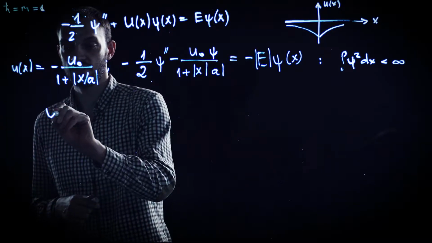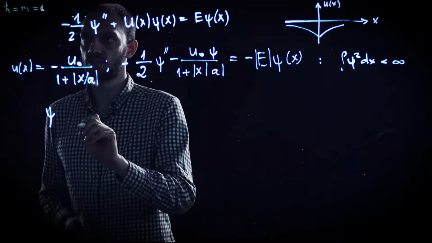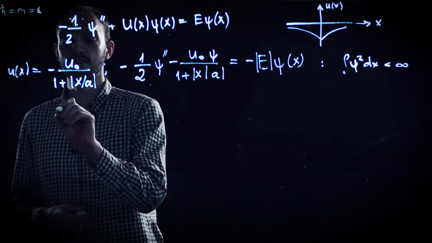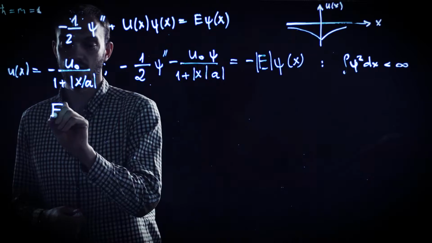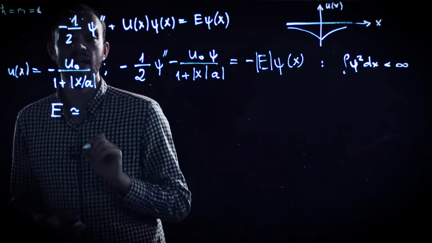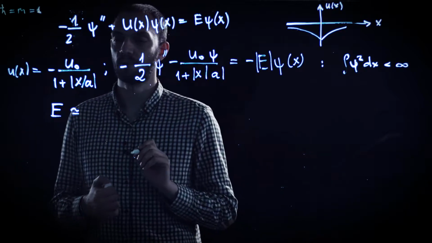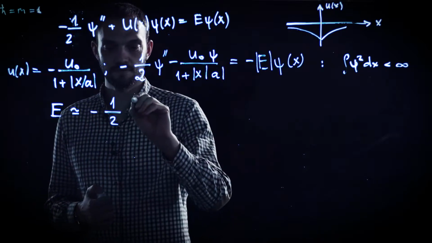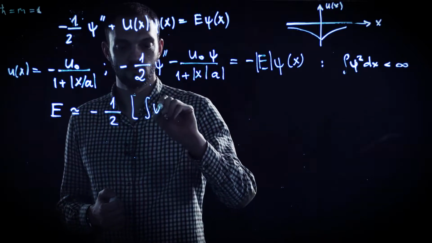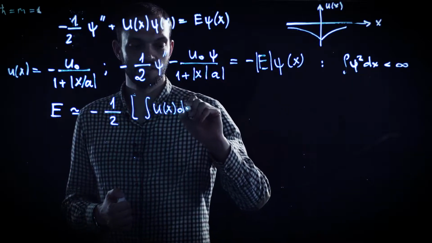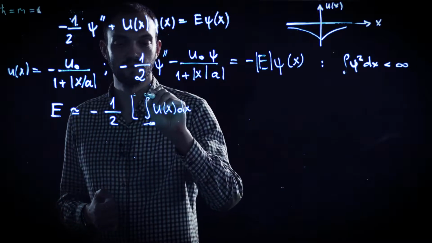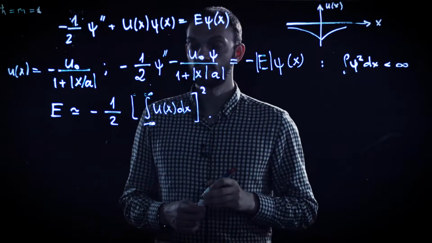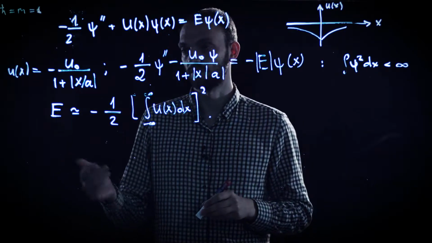This formula, in these units where h bar and m are equal to 1, gives an approximate expression for the energy of the ground state in such a weak potential well. So it's approximately equal to minus 1/2 integral of u of x dx from minus infinity to infinity, and the integral is squared. This formula is valid for weak potentials.